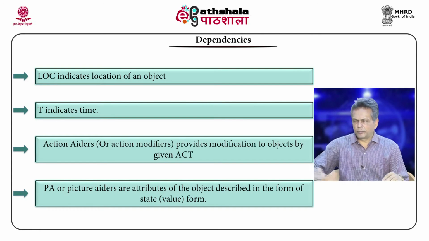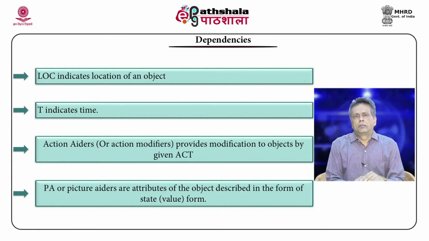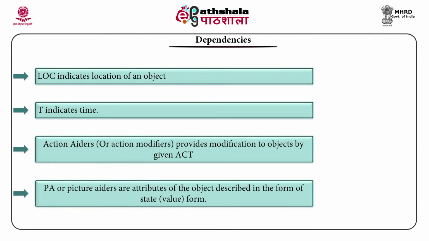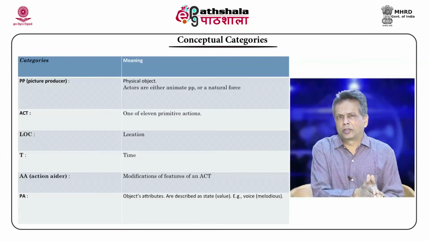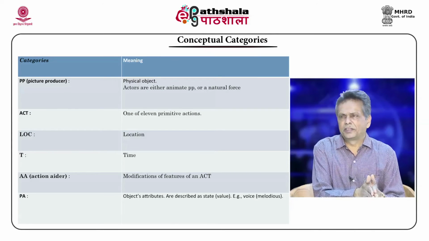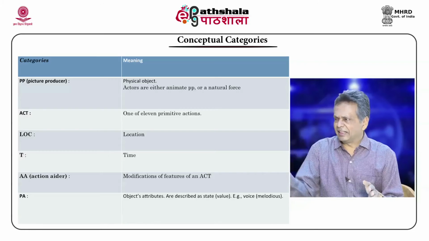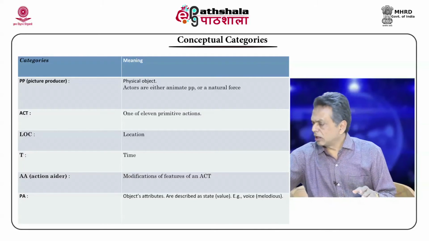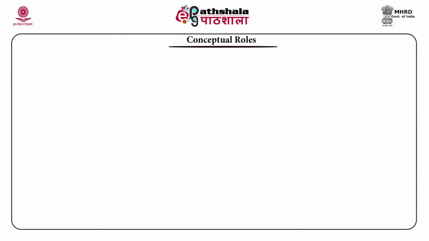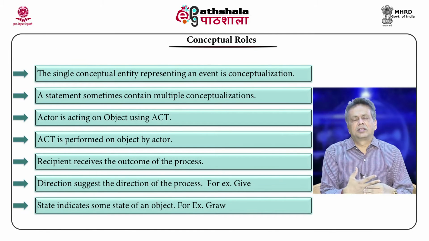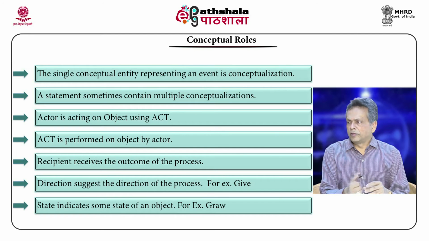We will see the examples of all of them soon, but these are the basic building blocks of CD, and they are called conceptual categories. This PP, picture producer, PA, picture aiders, and act and location and time and all that, together are called conceptual categories. Conceptual roles are also very important.